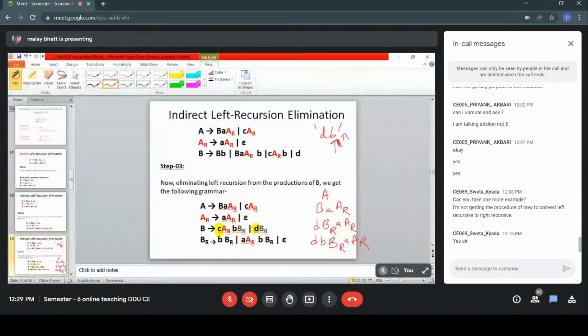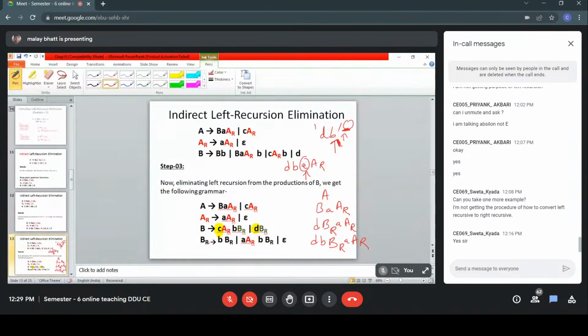Now what is my next requirement? It is the end of the input. As it is the end of the input, I will generate this DB and replace BR with null. So I will get A, AR. Now here it is A, and my requirement is the end of the input.